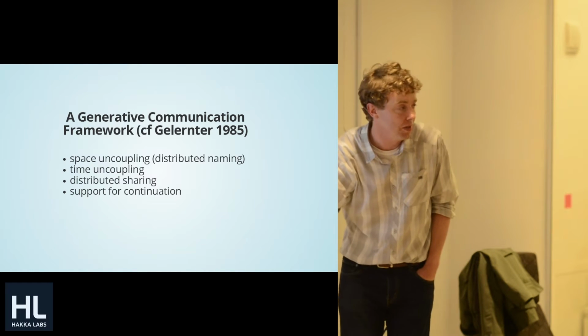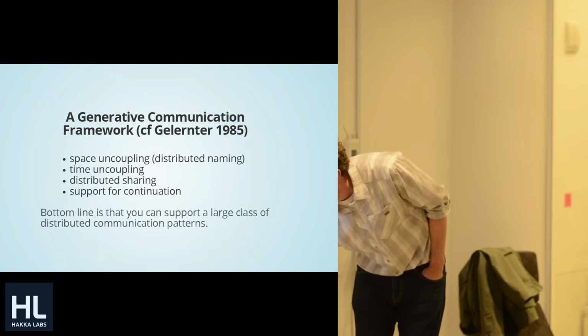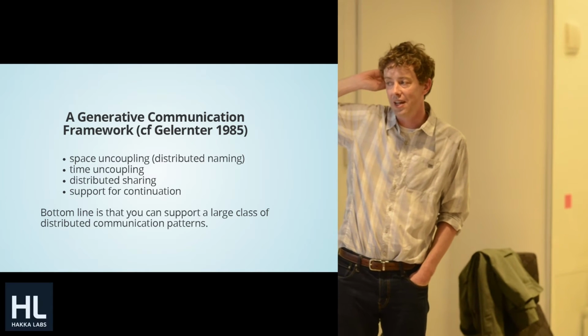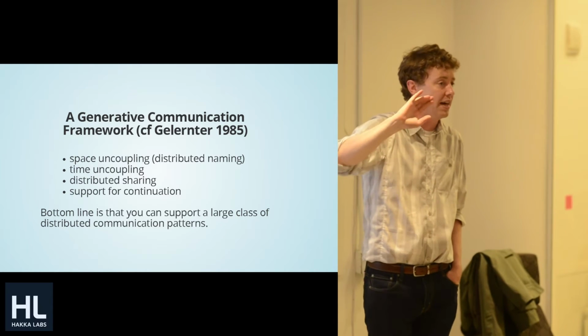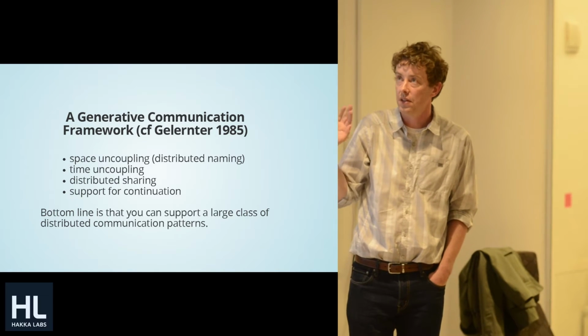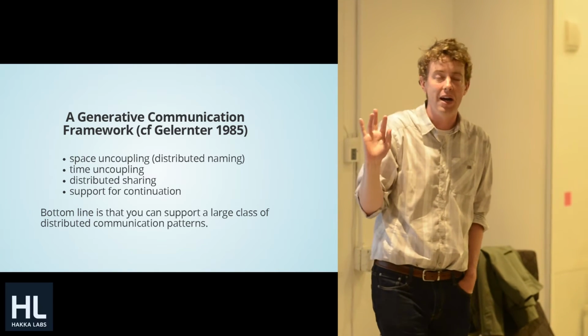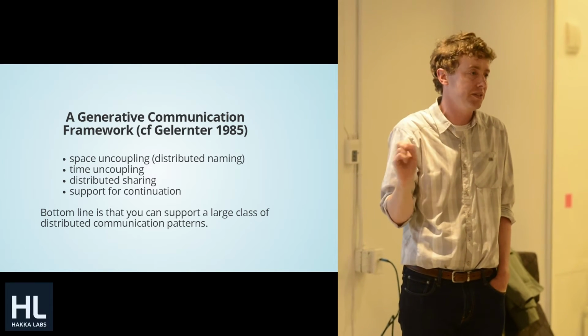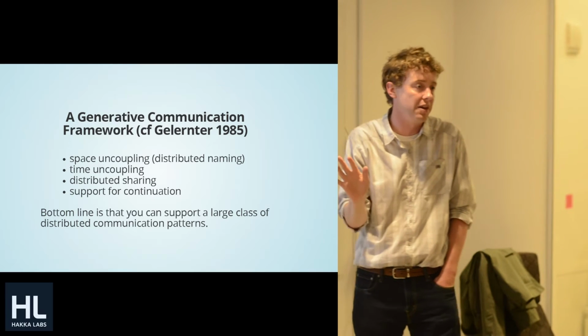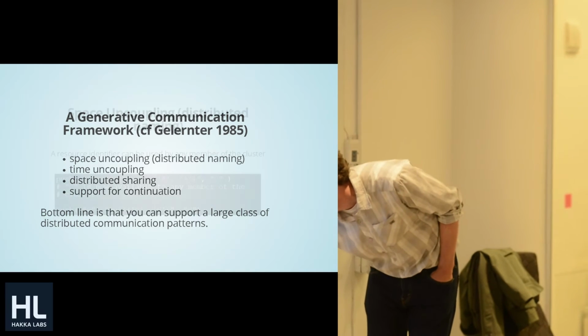I'm actually going to go through each one of those. But the punchline is that you can support a large class of communication patterns that you can with MPI, and that you can't necessarily with MapReduce frameworks.